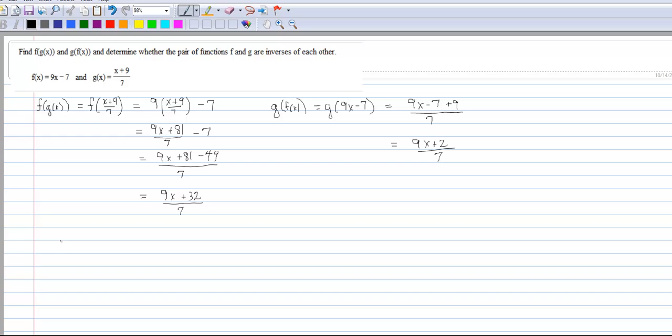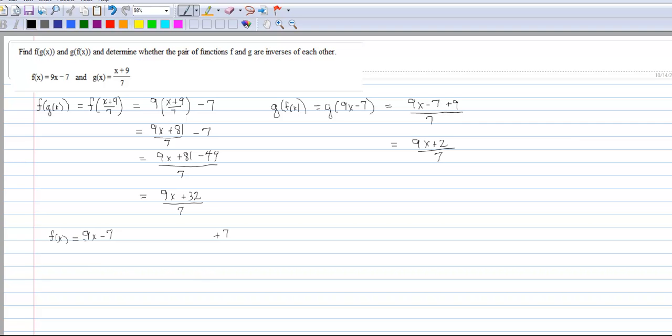So just to explore one step further, let's look at f of x equals 9x minus 7. The last thing you do in this function to x is to subtract 7. So clearly any inverse is going to have to add 7.